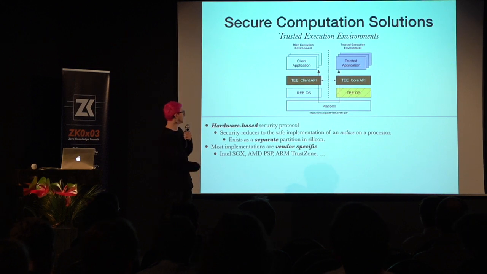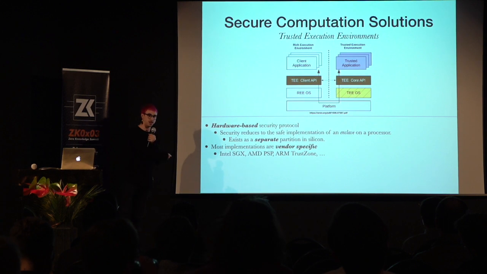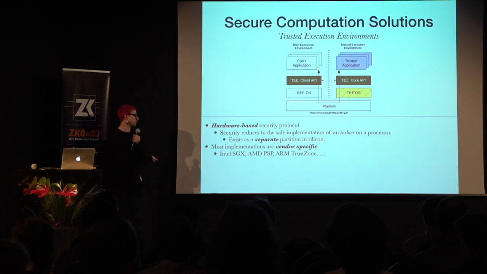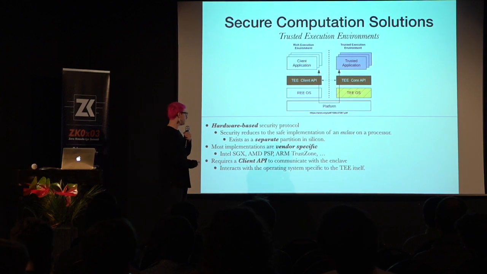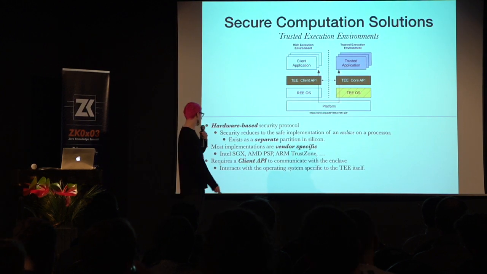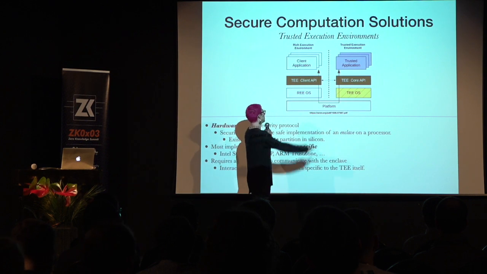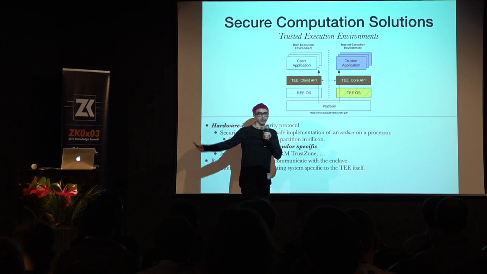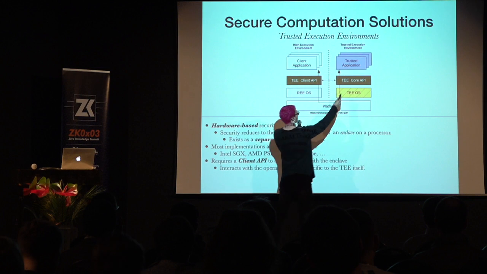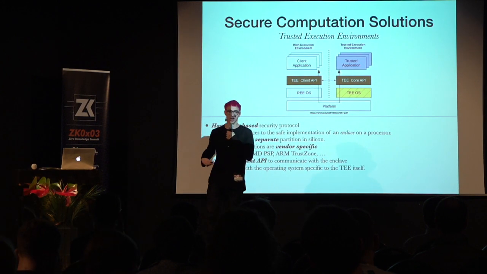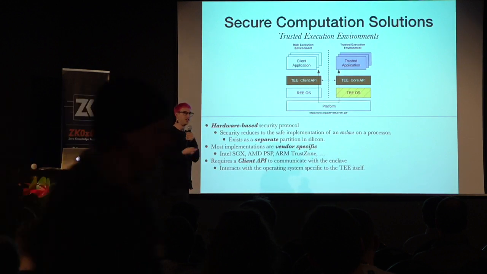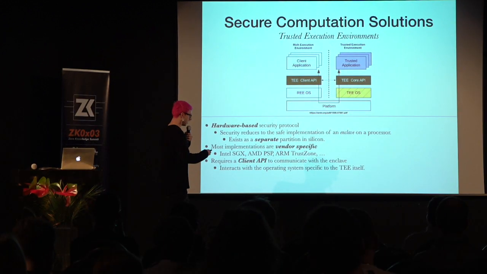Most implementations of TEEs are vendor specific. I give some examples here, like Intel SGX, AMD PSP, and ARM TrustZone. It requires a client API to communicate with the enclave. In our diagram here, we have a client API which will communicate with the processor itself and allow the application to be executed inside this enclave, inside this secure part of the processor.